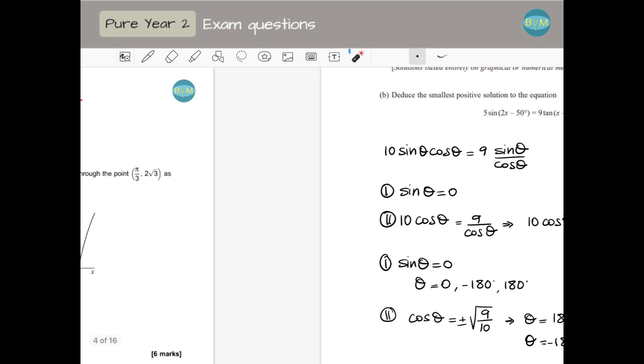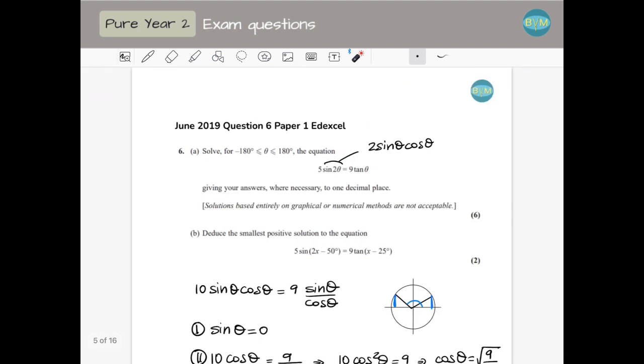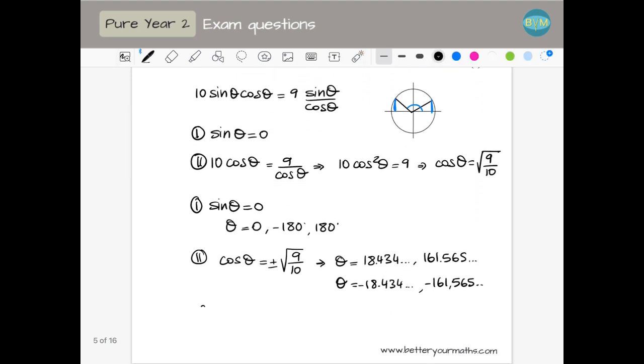They say to round to one decimal place, so I'm going to round the ones that I need to round. Theta would be, and we can write them in order, minus 161.6 degrees, minus 18.4 degrees.